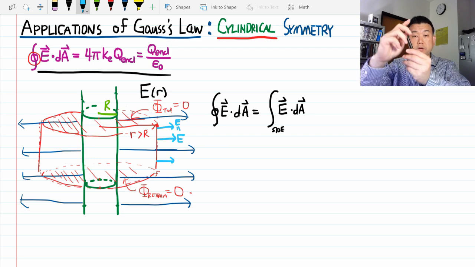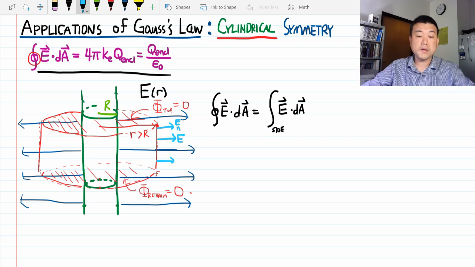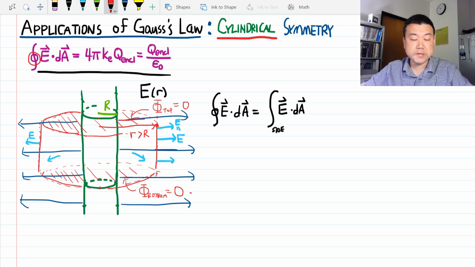And from the rotational symmetry, the electric field at one point there, the electric field at another point here, here, they are all going to have the same magnitude also. And like with the sphere, we have a happy coincidence that here the area element is directed in the same direction as the electric field.